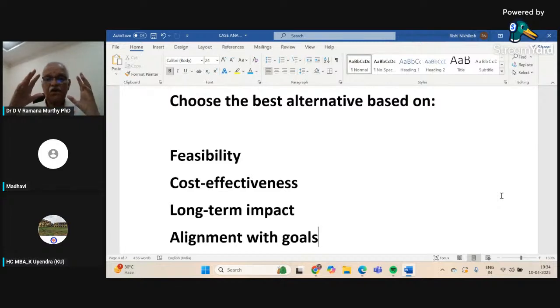These things count a lot. So the best alternative should be based first on flexibility or feasibility, that is, implementable. If there are limitations on implementability, then flexibility is not there, and that alternative is not workable.